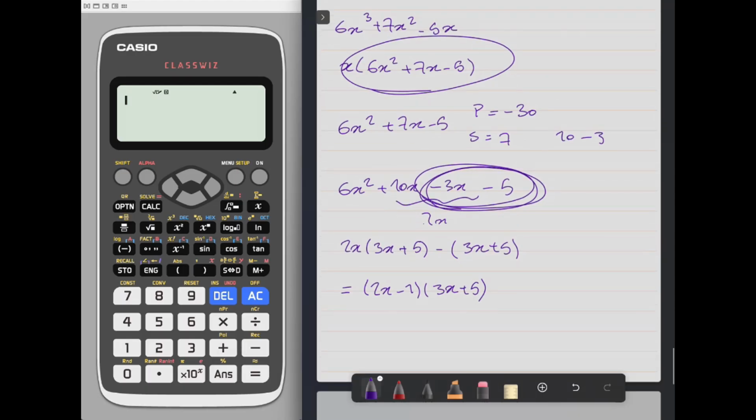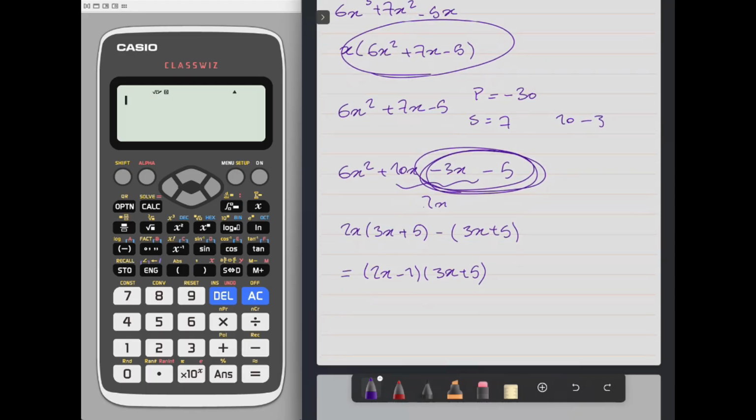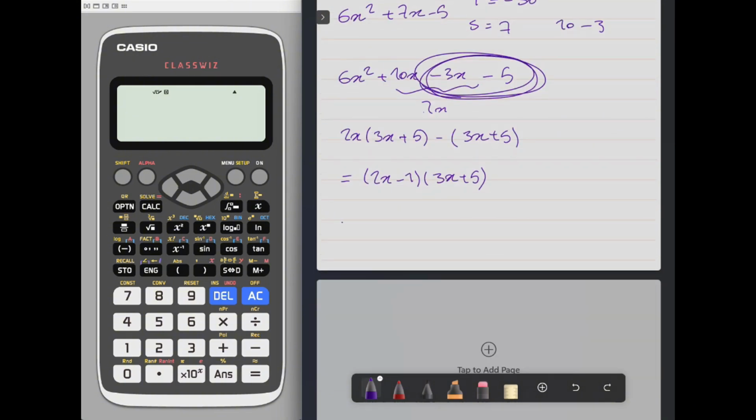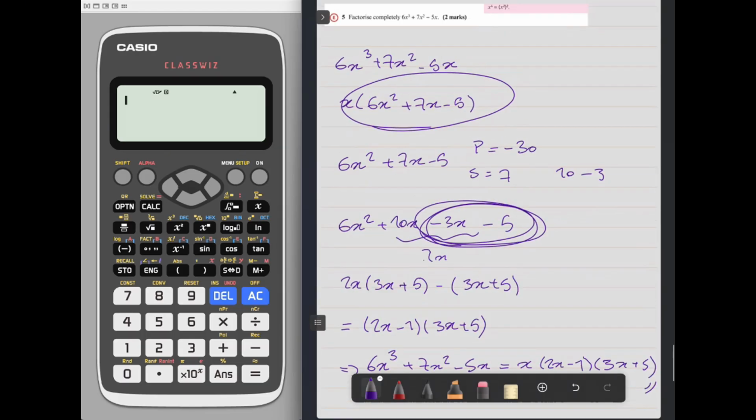And do not forget the x that we factorized out at the very first step. So 6x cubed plus 7x squared minus 5x is equal to x times 2x minus 1 times 3x plus 5. And this is our final answer.